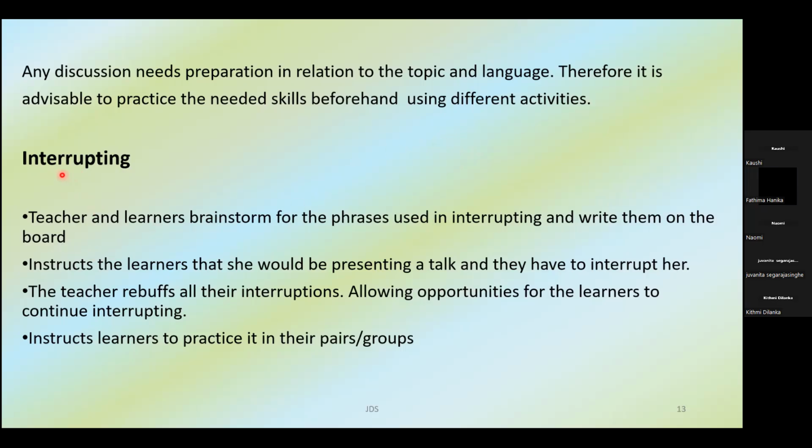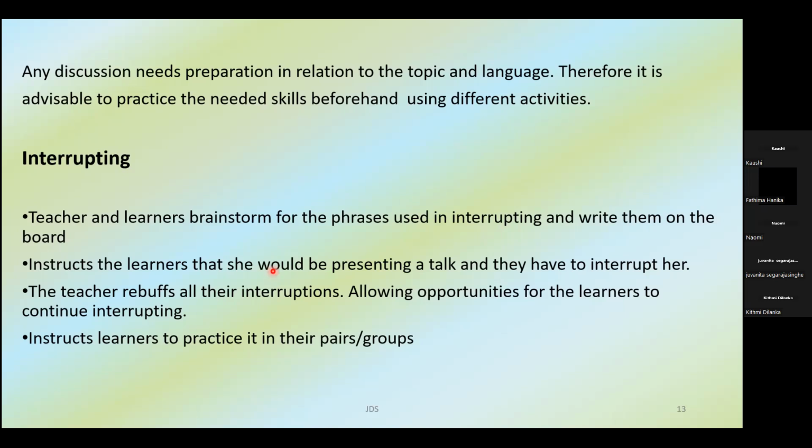See how interrupting is being taught by the teacher. Teacher and learners brainstorm for the phrases used in interrupting. So first, language prompts are provided and written on the board. You can give the flashcards or you can display the needed language phrases on the board.